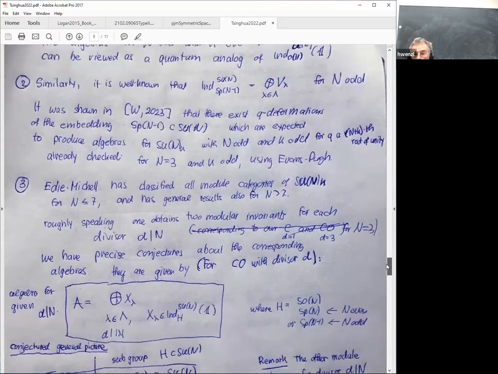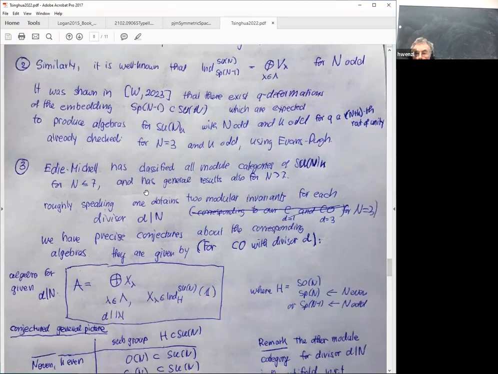Now, I had the fortune that Edie-Michell was visiting San Diego for a year, and so I learned about his work, where he has classified module categories for SU(n) at level k. Essentially, he can show that this is given by this module invariant, and also using results of Terry Gannon, can get a complete classification for n less than or equal to 7.